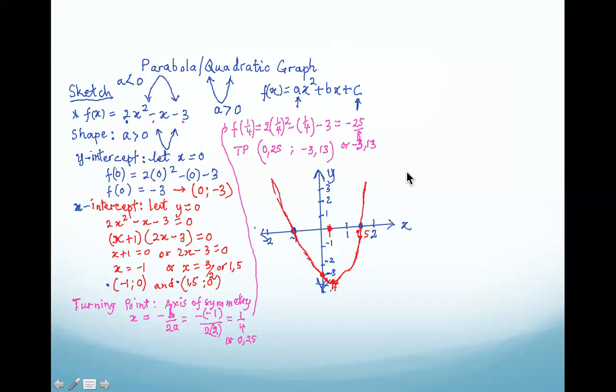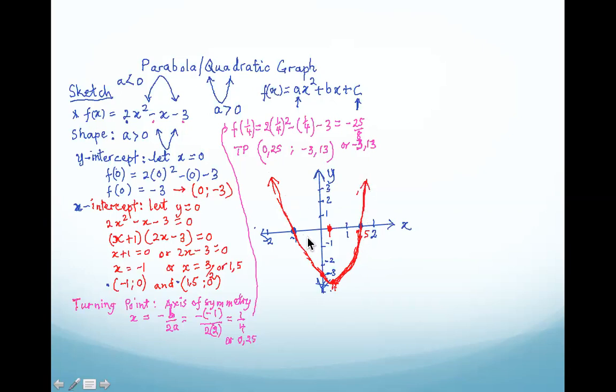Now, learners, remember, this is a rough sketch. It is not drawn to scale because it is hands that are being used to draw the graph. Okay, so this is how it should have a smooth curve here. Yes, beautiful. So this is how it's supposed to be like.